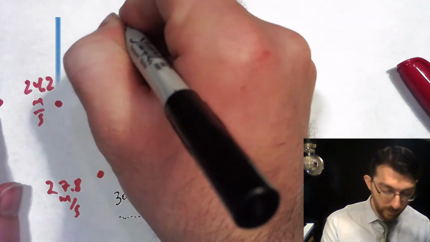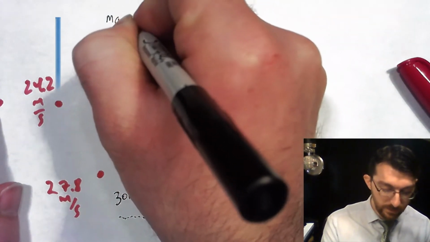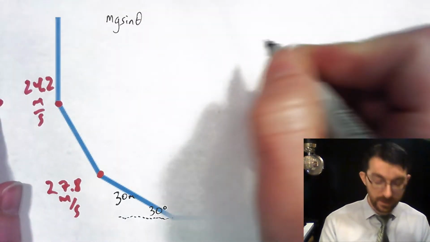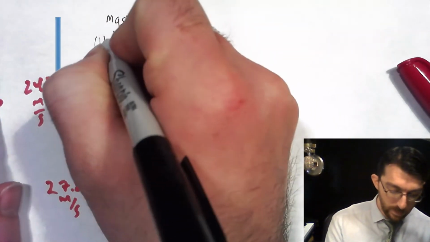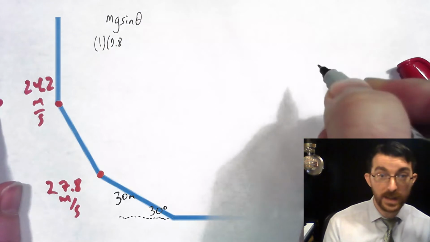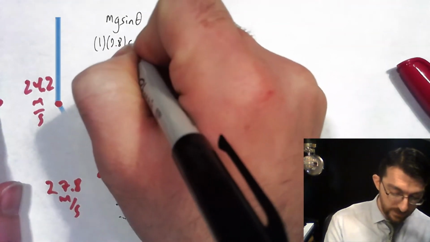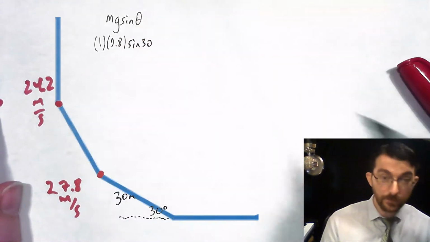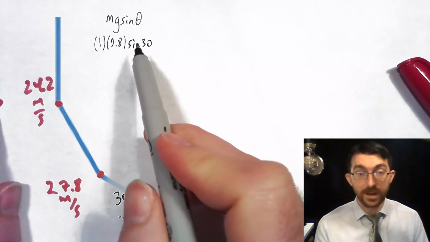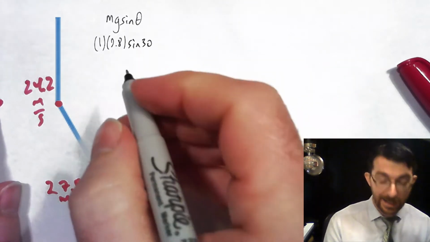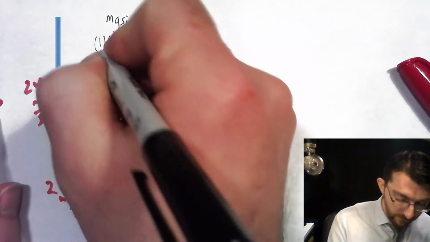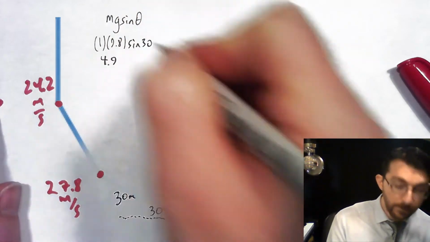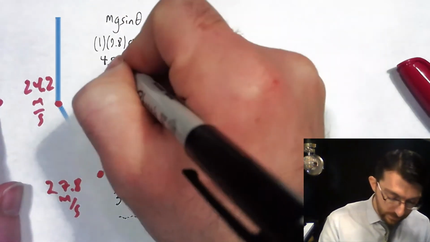So the force pulling it down is going to be mg sine theta. The mass is 1, gravity is 9.8 as always, and sine of 30. Now, sine of 30 is 1/2, so this one we don't even need a calculator for. The force downwards is 4.9 newtons.